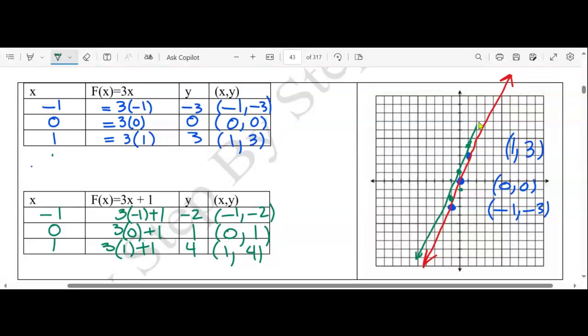They are parallel. Parallel means what? Yeah, they are next to each other. Is this clear? That's how you graph it. Just take 3 points. It's enough. Move on.